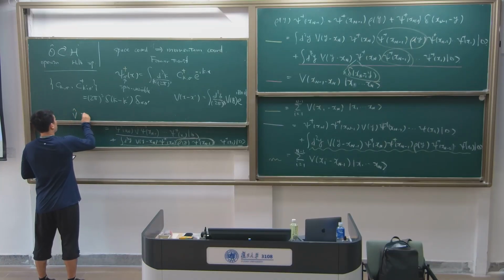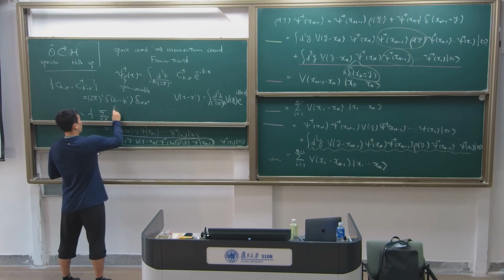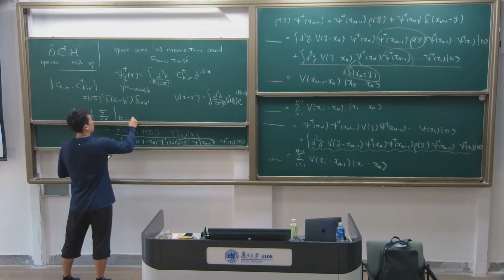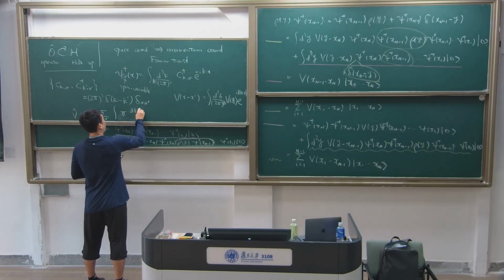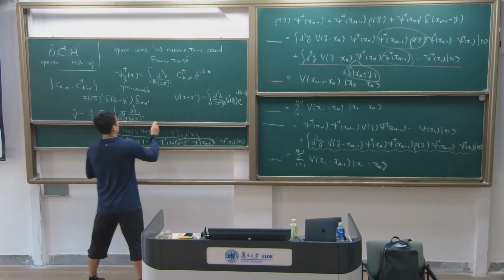B hat equals plus the sum over sigma prime, and then the product for k1, k2, k3, k4, the product of dk_i, with q, i equal to 1 to 4.